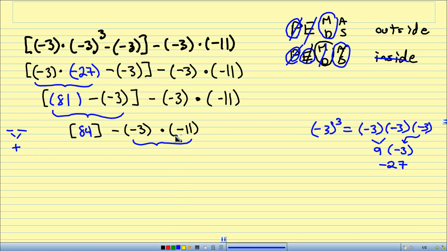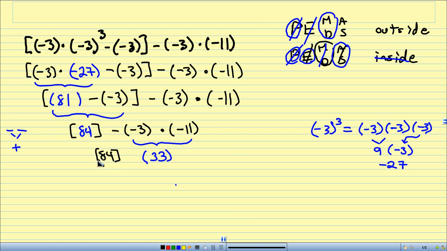Well, negative times a negative is going to give me a positive, so I end up with positive 3 times 11, positive 33. And now I'll erase that. I am so happy to have my inner right pad working now.